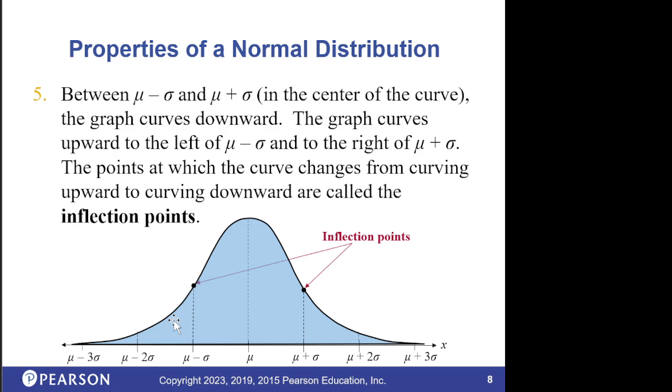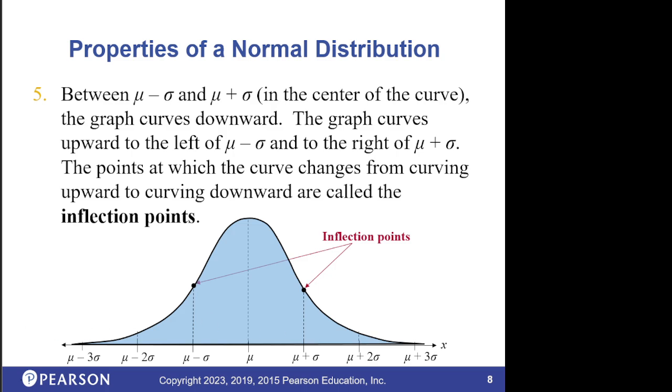It's a bowl shaped upwards. And these inflection points, or where it turns its curvature, happen at one standard deviation away from the mean on either side. Sometimes when I draw these by hand, I think of drawing little Pac-Man ghosts, and I have to curve downwards, and as soon as I hit that inflection point, I switch my hand to curving upwards.